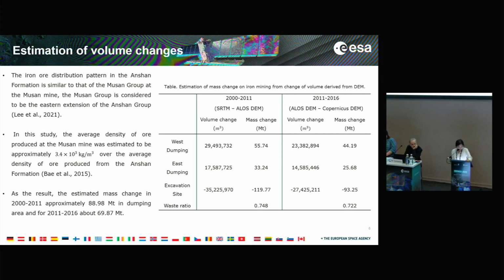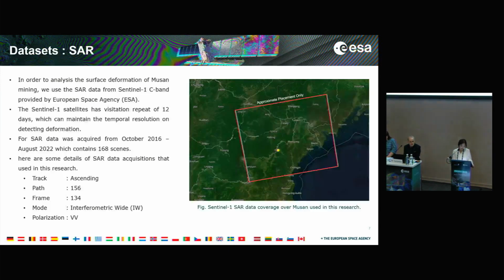As a result, the estimated mass change in 2000 to 2011 is approximately 88.99 megatons in the dumping area, and for 2011 to 2016 about 69.87 megatons.